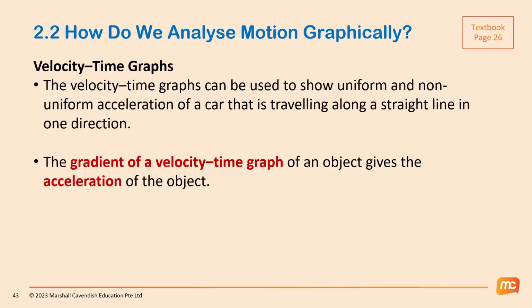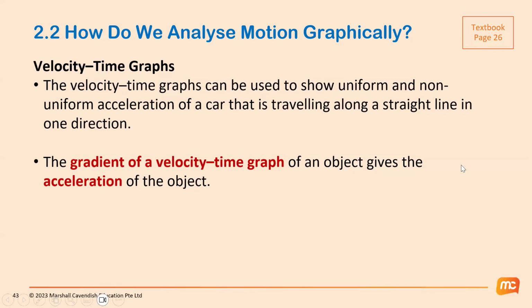Next we move on into a velocity time graph. Same as the displacement time graph, a velocity time graph simply means I am plotting velocity, which is in meters per second, against time, which is in seconds.